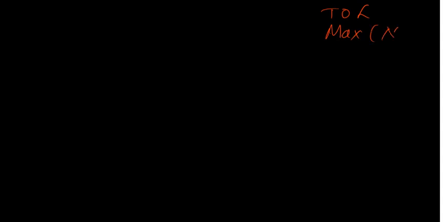So we'll just say n. So we shouldn't run it more than n times. Okay, and then if our value of tolerance is less than the given value, then we can consider that to be our root of our equation.